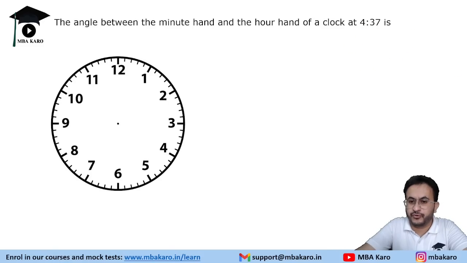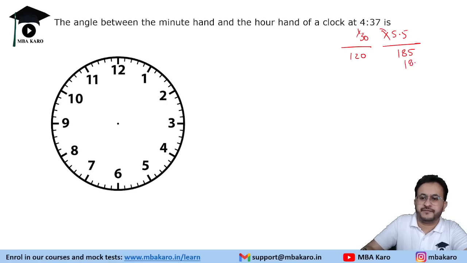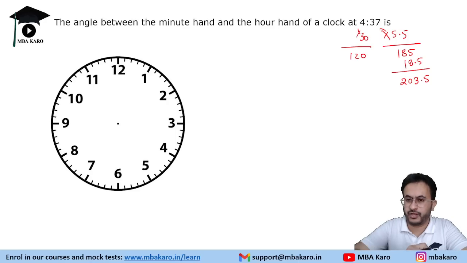Suppose it is 4:37. 4 into 30 is 120, and 5.5 into 37: 37 into 5 is 185, and 37 into 0.5 will be 18.5. So we get 203.5. Now what will we do? We will subtract the lower value.